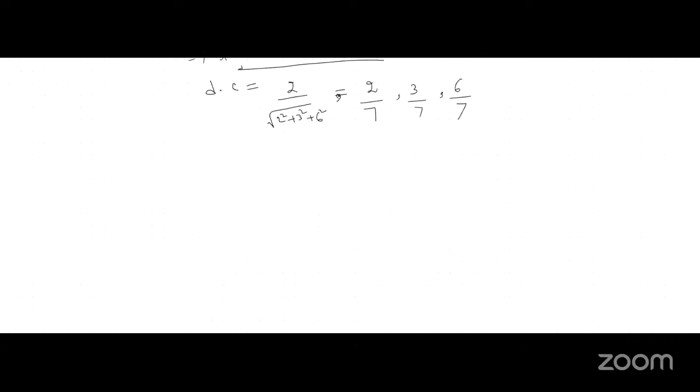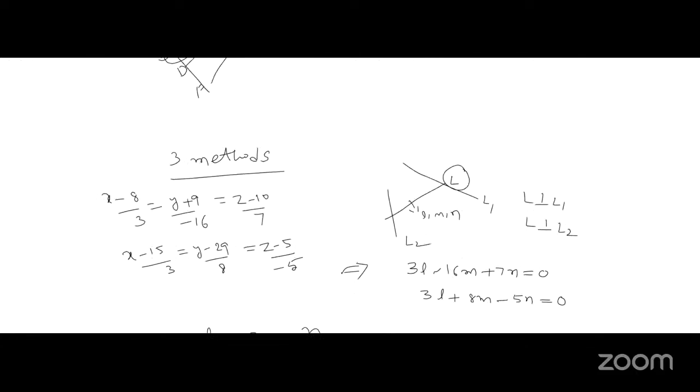Okay. Now we are taking the points on those lines. So this is the point (8, minus 9, 10) and this is (15, 29, 5). Okay.